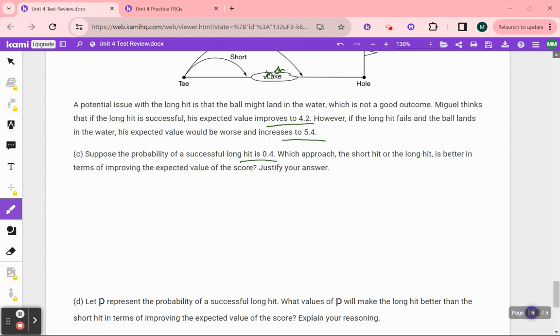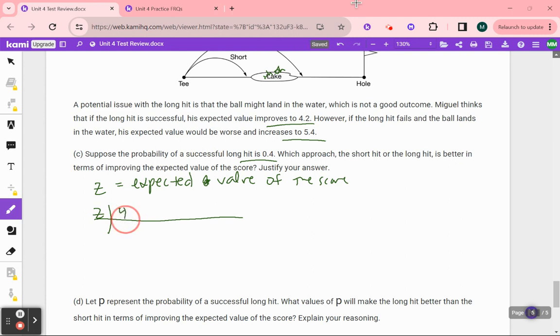the score? So let's let z equal the expected outcome value of the score. Then z is distributed as: he makes the shot and the expected score becomes 4.2, or he misses the shot and the expected score becomes 5.4.